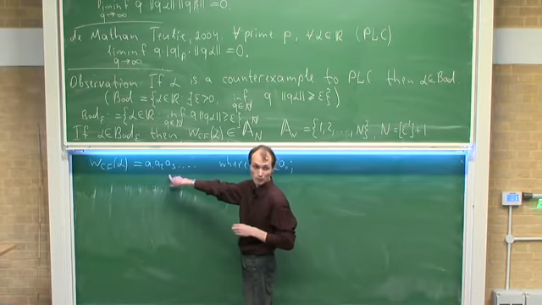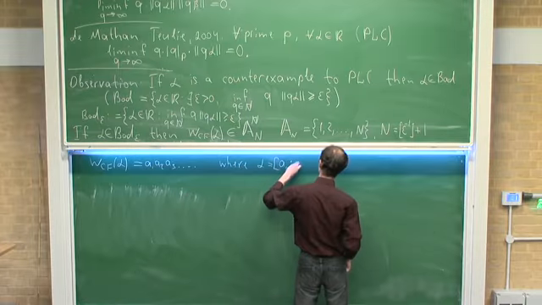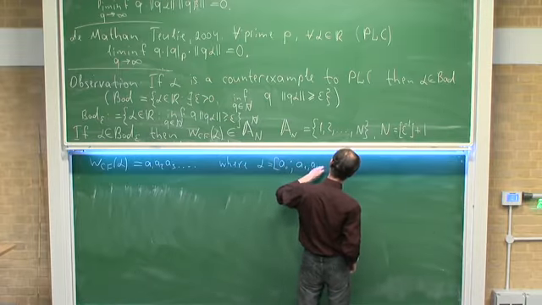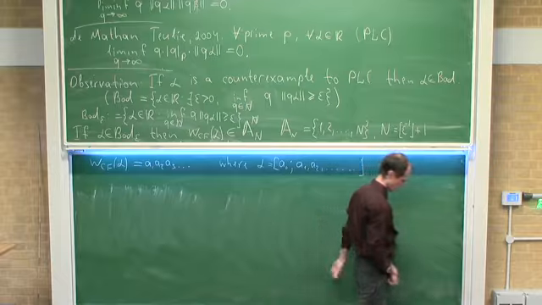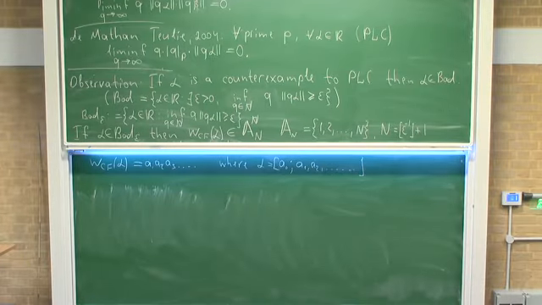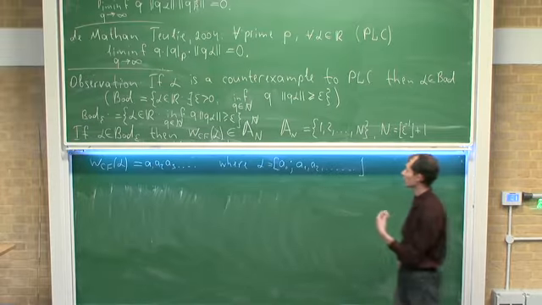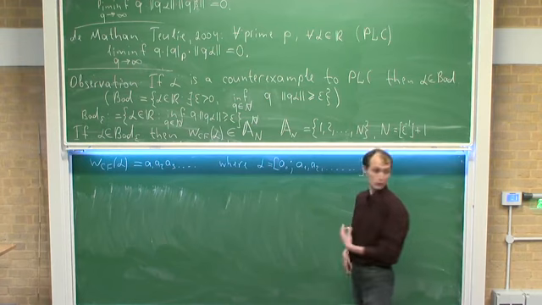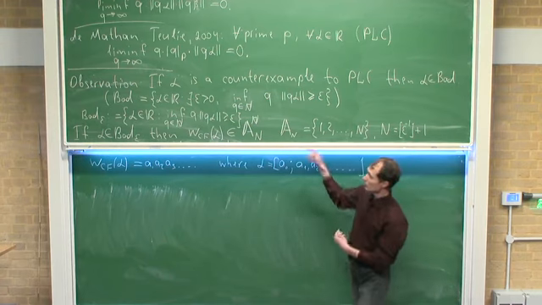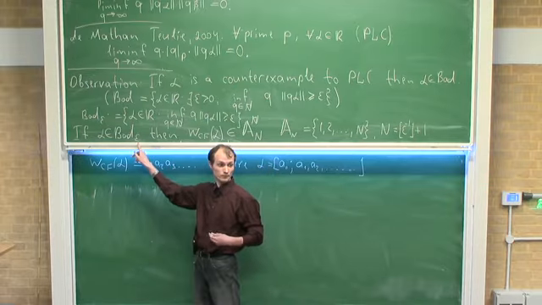Here I don't care about the integer part. So in other words, the partial quotients of the continued fraction expansion are bounded by some absolute constant, which depends on this epsilon.